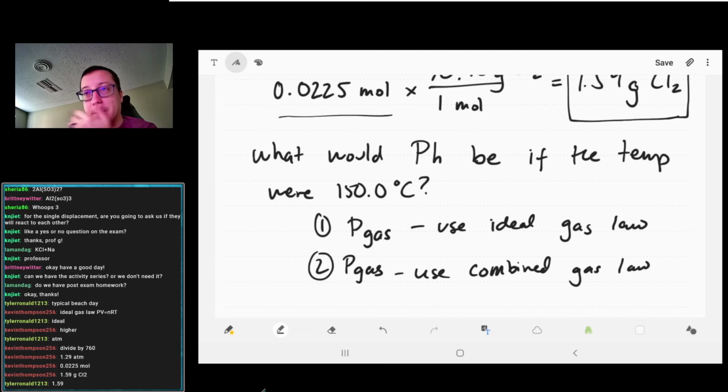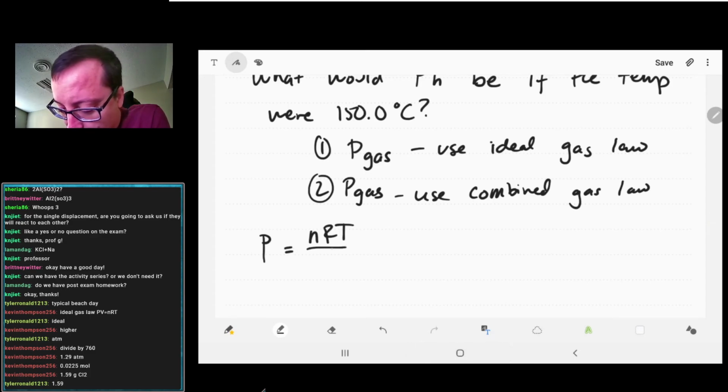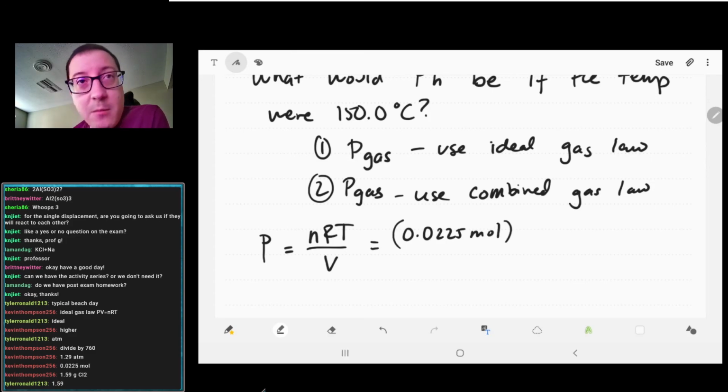But let's go ahead and do both. Let's see if we can do both ways. It's a good exercise here. So the pressure of the gas would be nRT over V, right, if we were to solve the ideal gas law. We know we have that many moles. We have R. I'm not going to write the units for R, but same units as before.